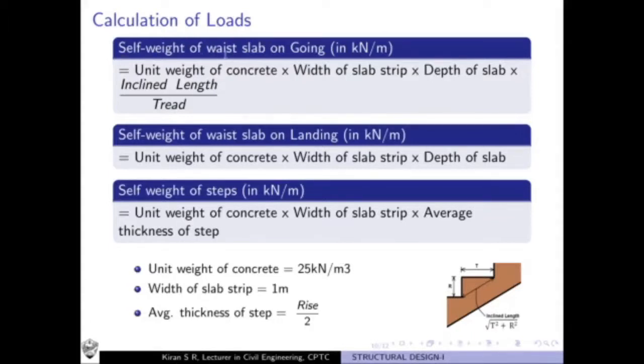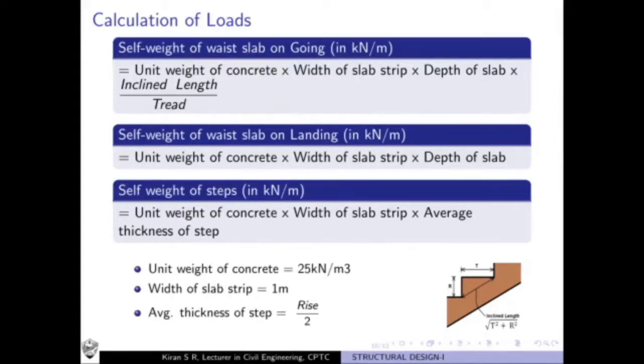The self weight of the waist slab on going is equal to unit weight into width of slab strip into depth of slab. So usually in case of one-way slabs, we do only up to here: unit weight of concrete into width of the slab strip into depth of slab. But since the waist slab is an inclined slab, we have to multiply it with the inclined length divided by tread.